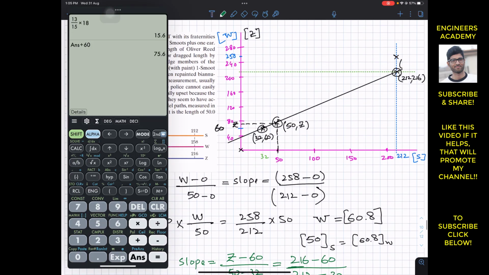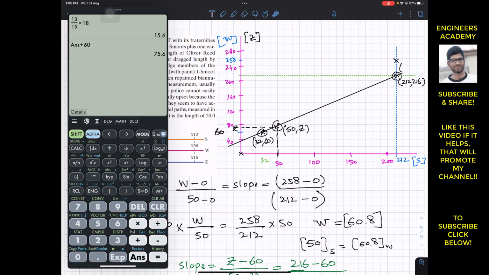Here we can see that when Smoots is 50, this vertical line intersects the Zillies graph somewhere here, and this value is 75.6. The graph told us earlier that this point is somewhere between 60 and 80, and it is between 60 and 80.